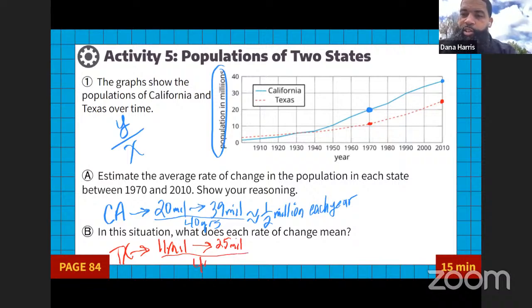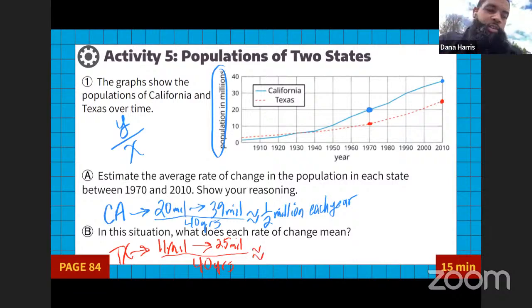And of course, we have a change of 40 years. So when I think about 11 million out of 25 million, it's a little more than half.